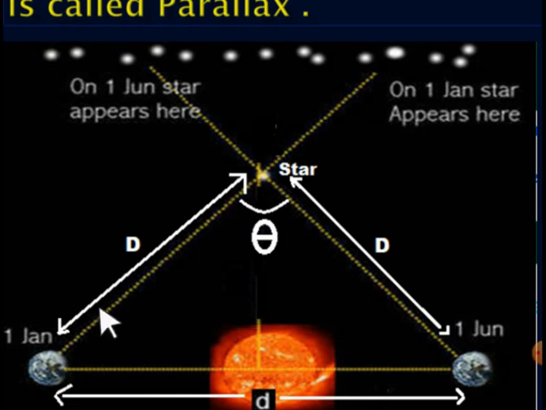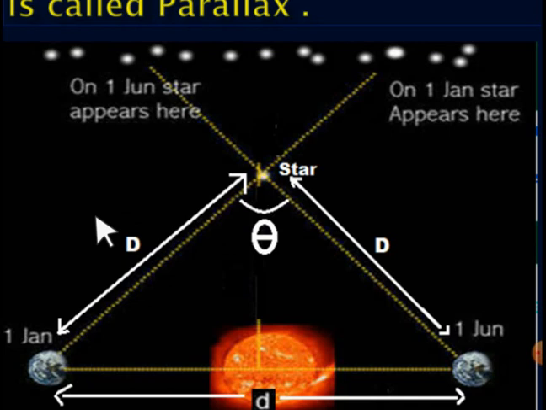Then this position will be the position of your telescope. Clear? And we are going to measure the distance between the earth and the star. Let the distance of the star from the earth be denoted by capital D.